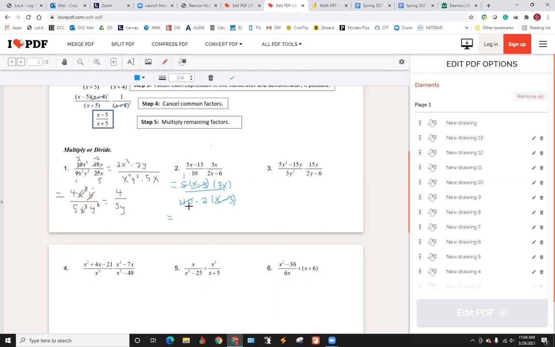So there's just 3x up there. So as you go through these, if you take the common factors out first, there's generally not much left to multiply. There's 2 times 2 is 4, because remember, the 5 goes into the 10 twice. And there's nothing else left. 2 times 2.